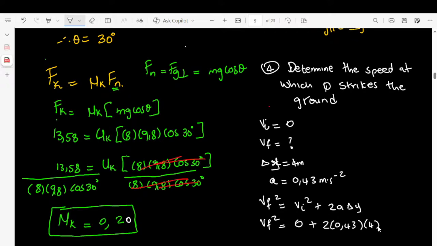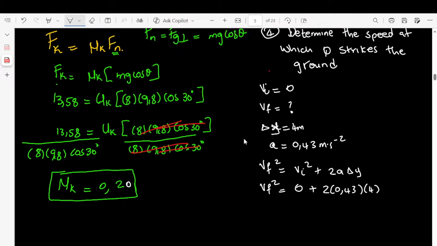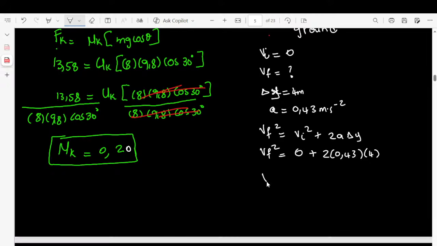The answer that you get, we need to find the square root of that answer. So what I'm trying to say is that Vf squared is equal to 2 times 0.43 multiplied by 4.